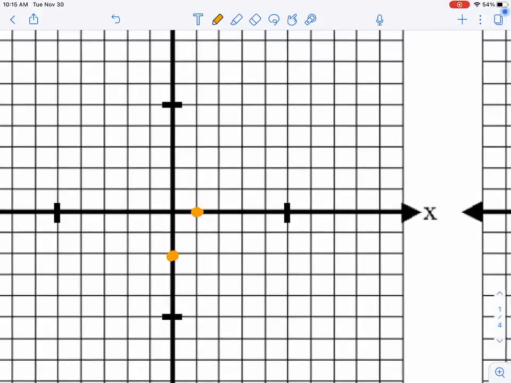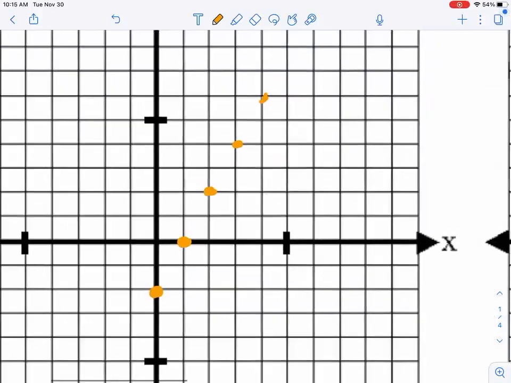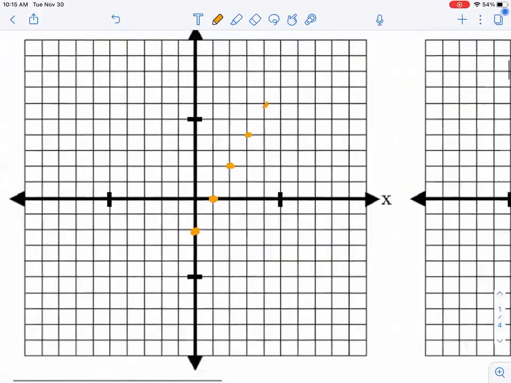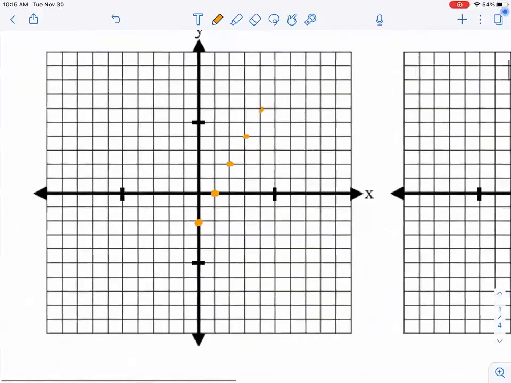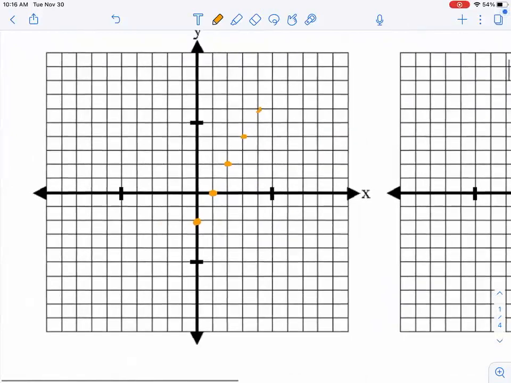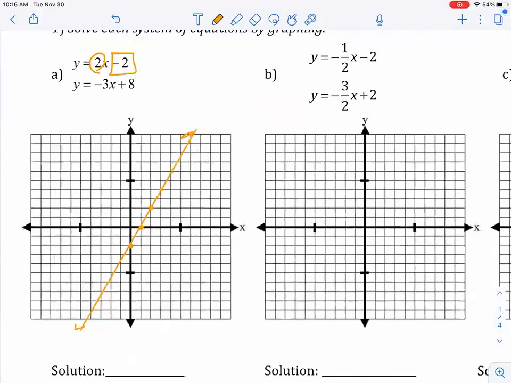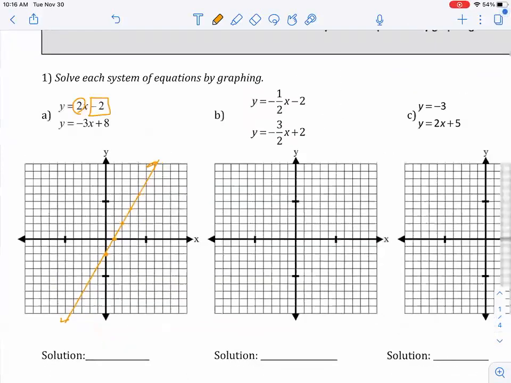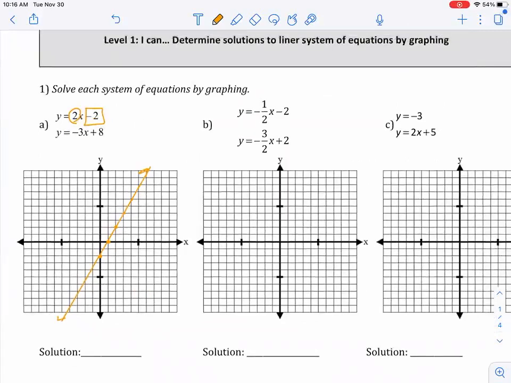Then I'm going to do that a couple times. I'm going to keep going up 2 and over 1 so that I get a nice straight line. So we're just graphing just like we did before in slope intercept form, okay?